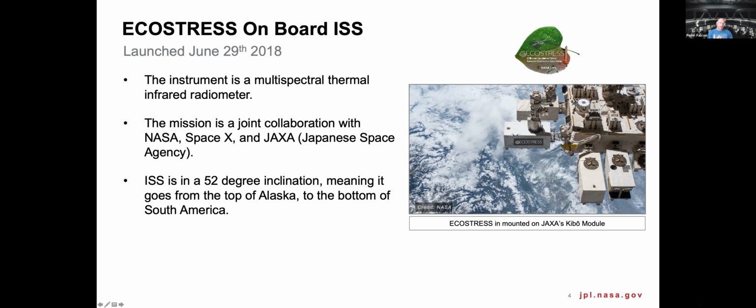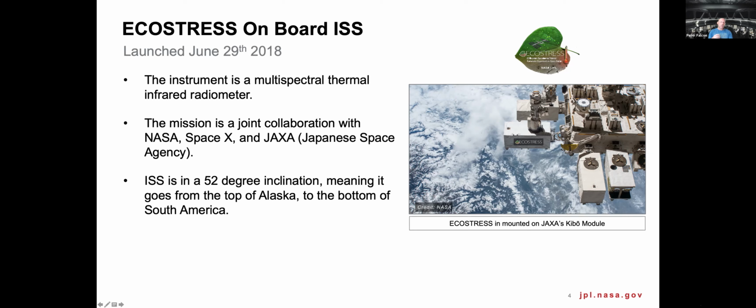It's a perfect way of doing international partnership, which is really what we do with the GLOBE program as well. As Brian mentioned, we're starting to put a lot of these instruments on board the ISS. So now we're really starting to utilize the ISS as an Earth science platform to help us understand the different phenomena going on with our planet in a very low-cost way.